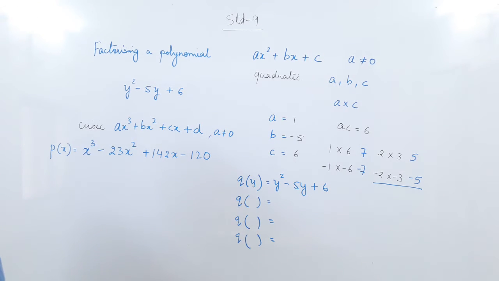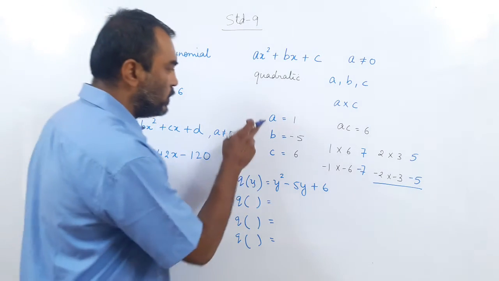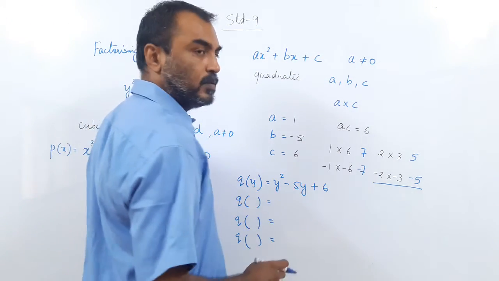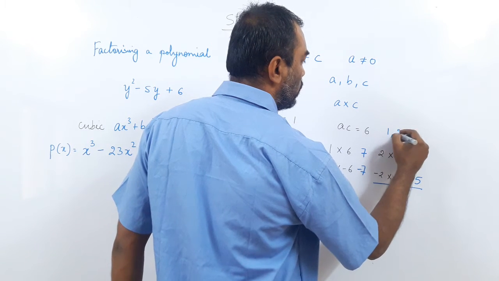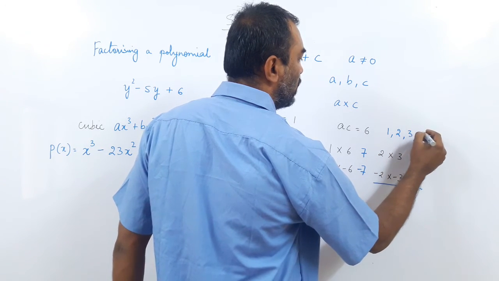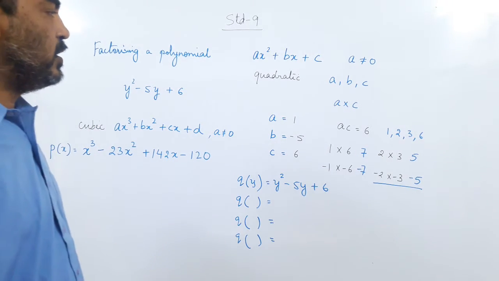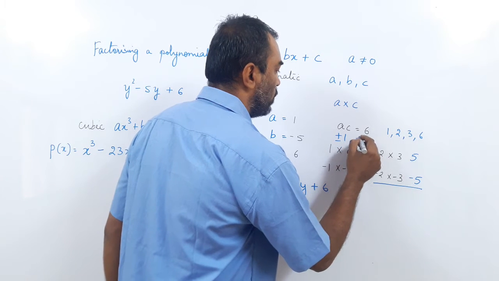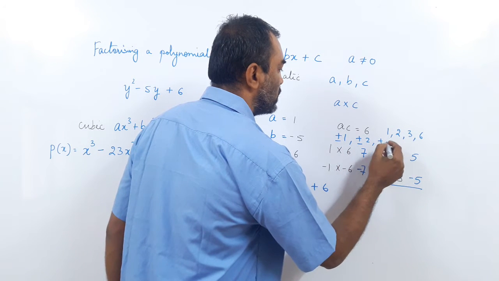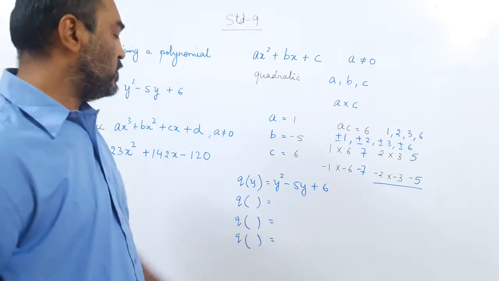The hint is, you see what is a into c? 6. And which are the factors of 6? 1, 2, 3 and 6. So we can try plus and minus 1, plus and minus 2, plus and minus 3 and plus and minus 6. These are the numbers we should try.